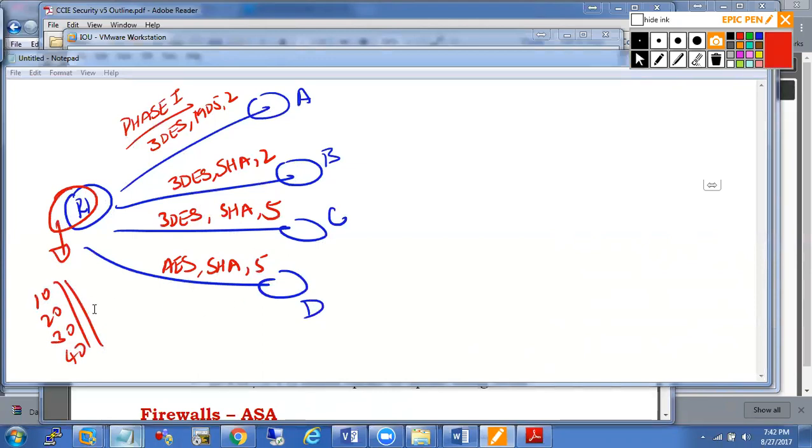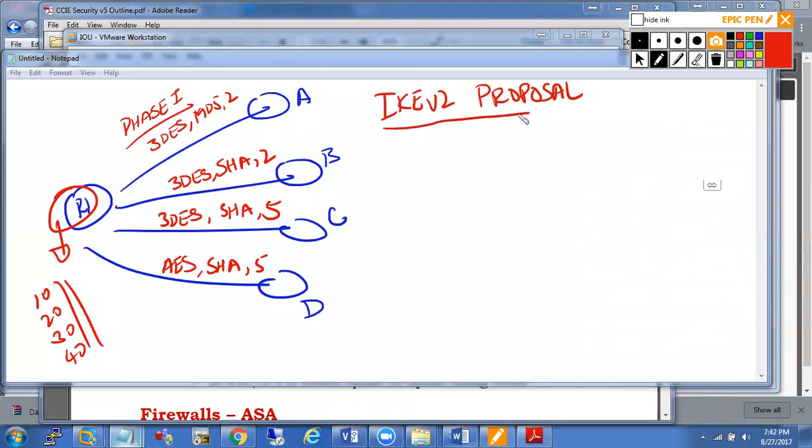Now, in IKE v2, you have a newer concept called the IKE v2 proposal. What the proposal allows you to do is create a proposal in which you specify that my encryption is triple DES and AES.